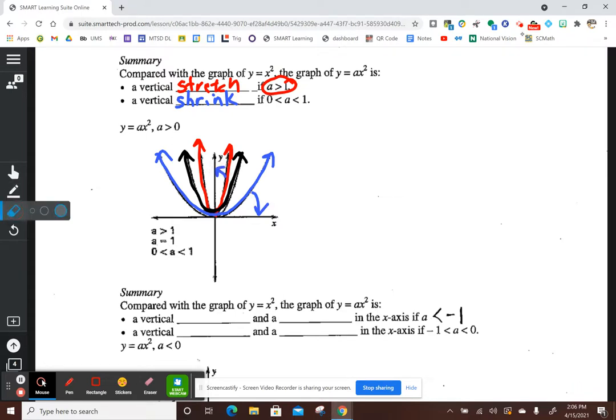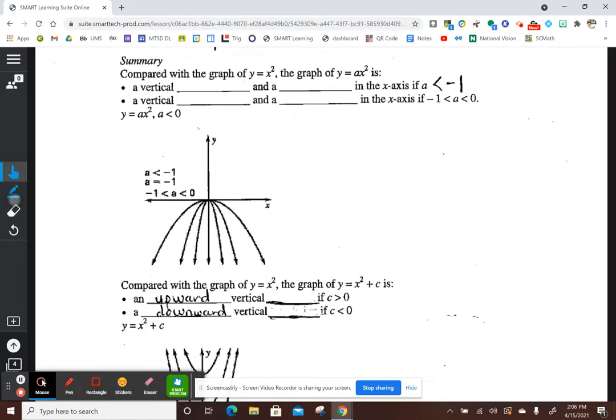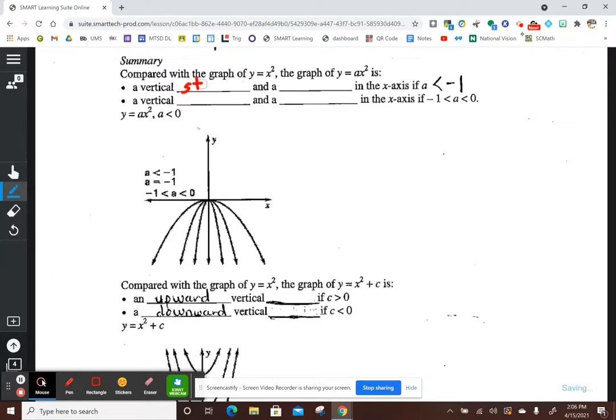Okay, so now let's look at these. These are showing you reflections. So if it's a stretch with reflection, it looks like this.